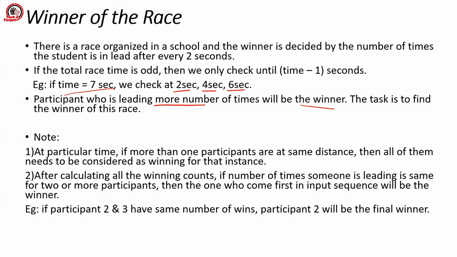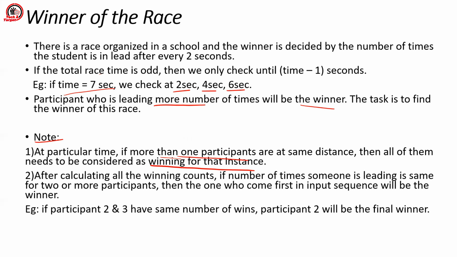Now, before moving on to the input output and the examples, there are some important notes that we have to take care of. So let's see what is that. The first note says that at a particular time, if more than one participants are at same distance, then all of them need to be considered as winning for that instant. So there may be a situation, for example, at time is equal to 2, what may happen is person 1 and person 2 may be at the same distance, right?